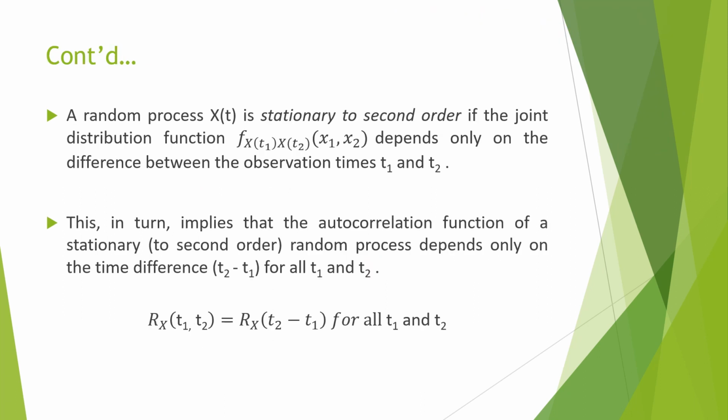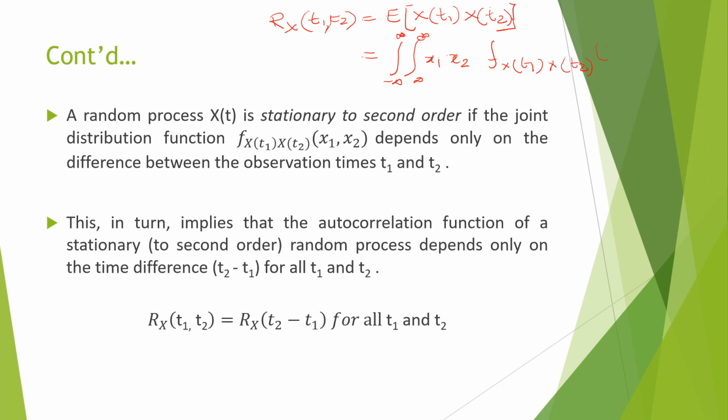We rewrite the equation for the autocorrelation function here. That is, Rx t1 t2 is equal to the expectation of xt1 and xt2, and if we expand this with a double integral from minus infinity to infinity, we have x1 x2 and we have fxt1 xt2 x1 x2 dx1 dx2.